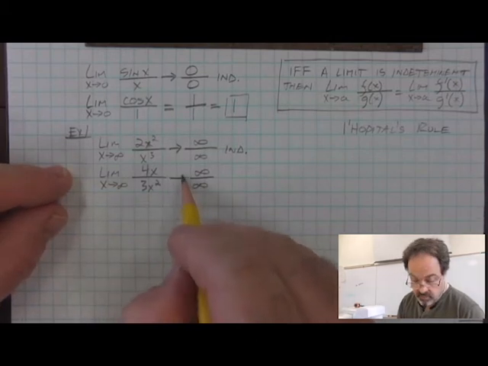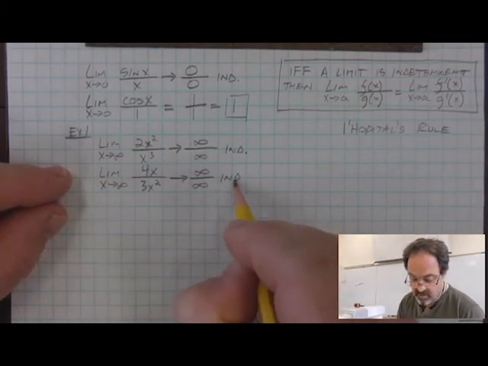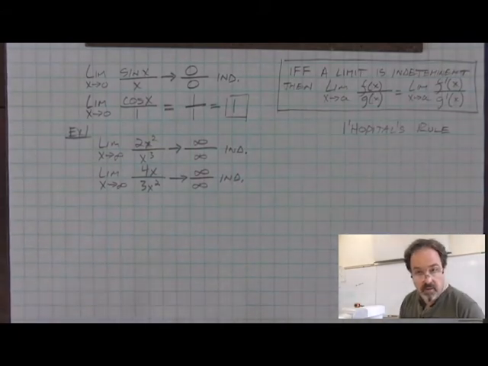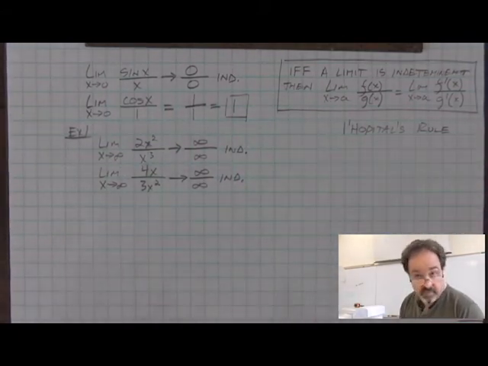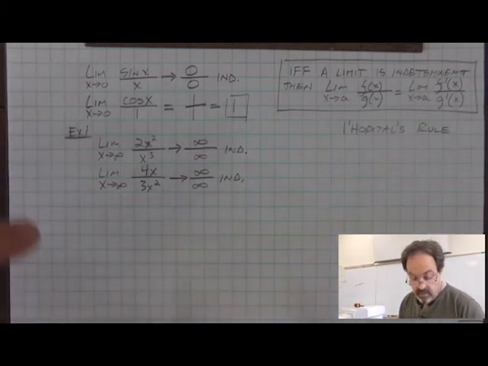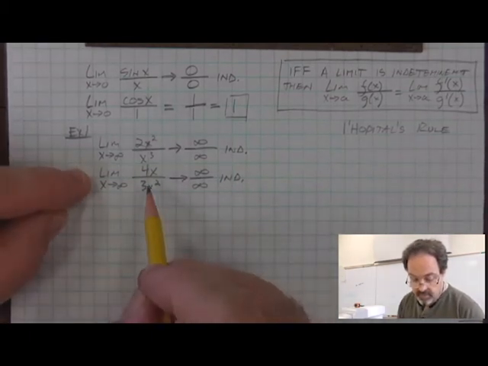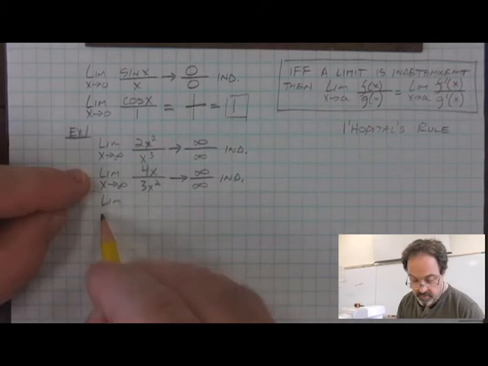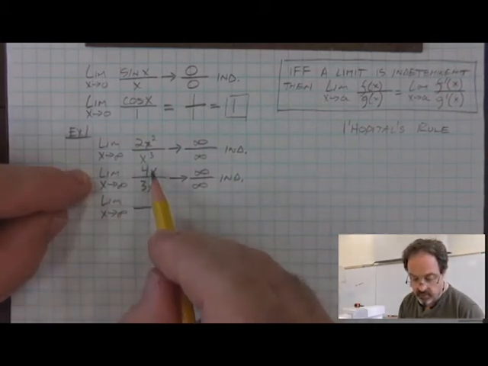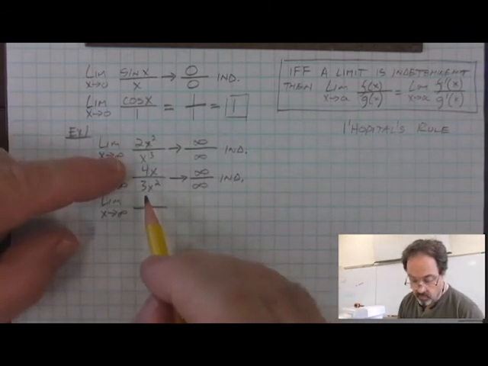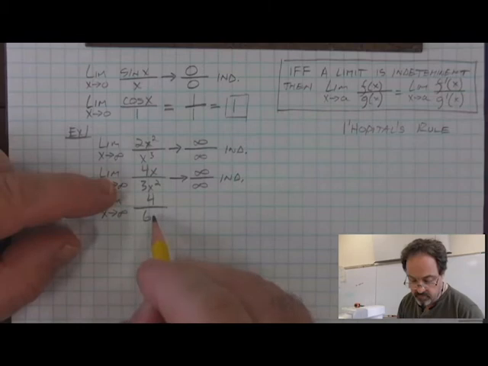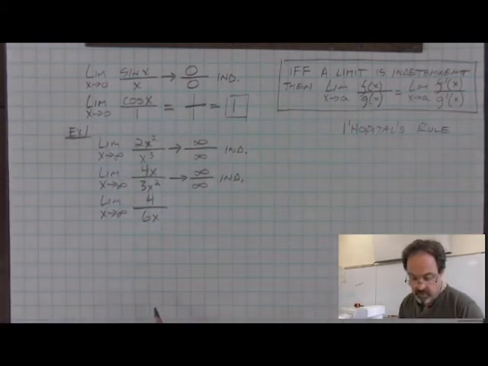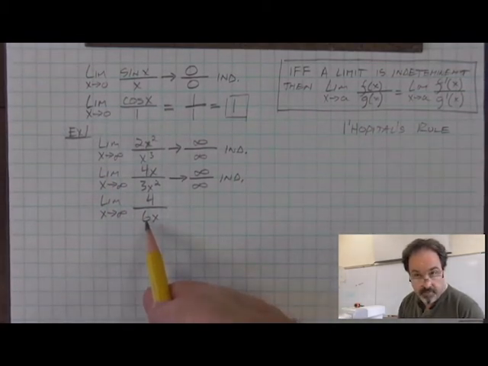So the limit has not been taken, it's still indeterminate, which is okay. I can use L'Hopital's rule a second time. So I'm going to take this expression, use L'Hopital's rule to convert it into another expression based on the derivative of the numerator divided by the derivative of the denominator, and reattempt the limit.